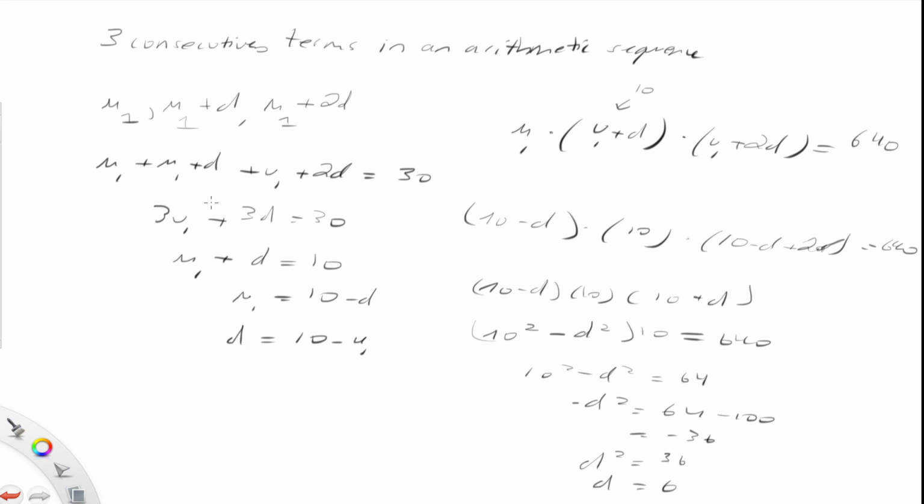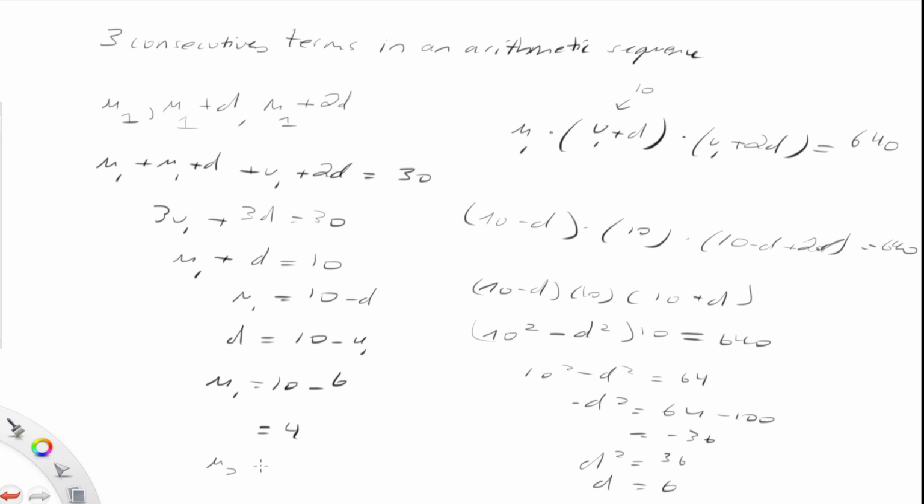So if we go back to this one right here, we find that u1 is equal to 10 minus the difference, which is equal to 6, as we figured out now. That's equal to 4. So we got the first term of the 3 consecutive terms being equal to 4. What would be the second term?